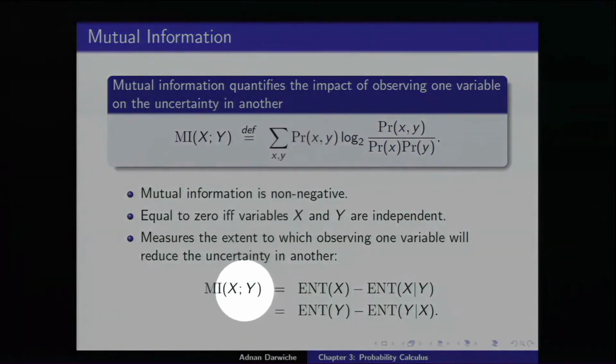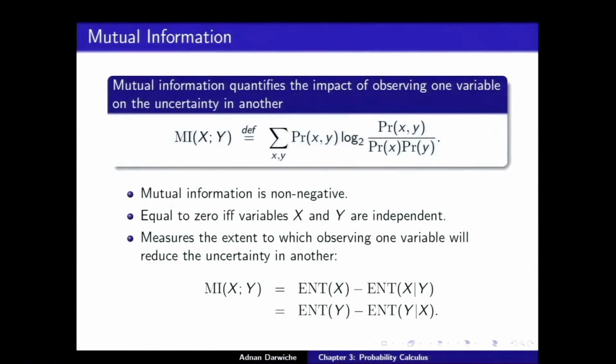The mutual information is the difference of the entropy of x and the entropy of x given y. What does y do to change the uncertainty about x? And you can imagine it's symmetric, so you could do it the other way around, and it will also work. So if y does nothing to the uncertainty on x, this is going to be 0. That's the independence.